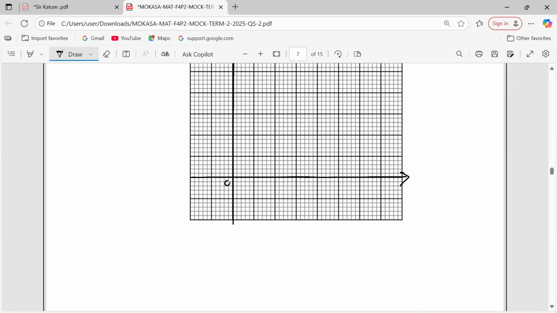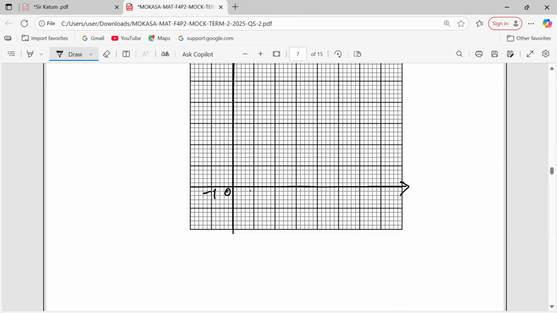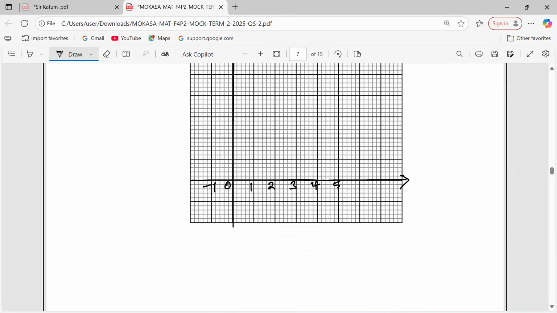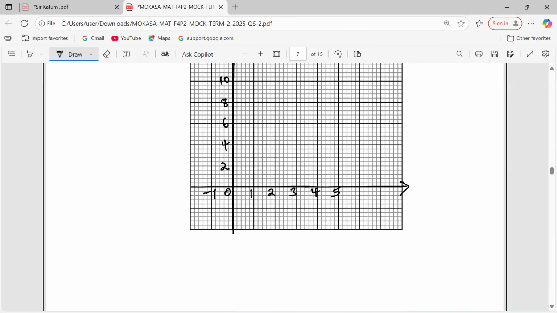So we can start with 0, negative 1. Then 1, 2, 3, 4 that way. Then now we can even have 5 that way. Then for the y, we can have intervals of 2, 4, 6, 8, 10, such a thing. Then negative 2, negative 4, like that.